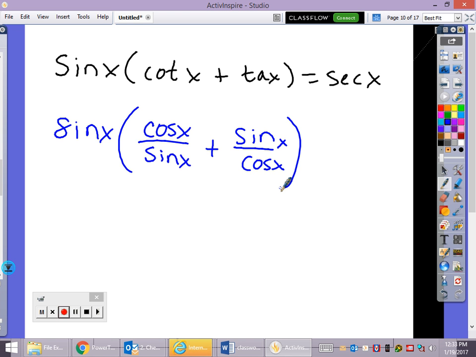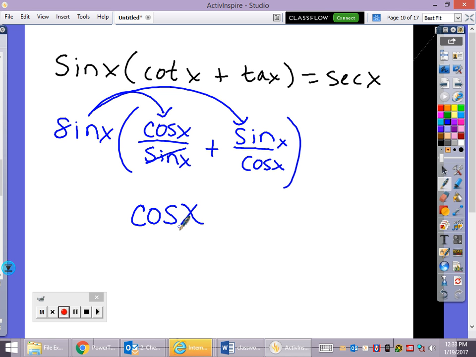Now, I'm going to, what's the key word? Distribute. When I distribute this sine to just this fraction, what happens? It cancels this, leaving me with cosine x. Okay.